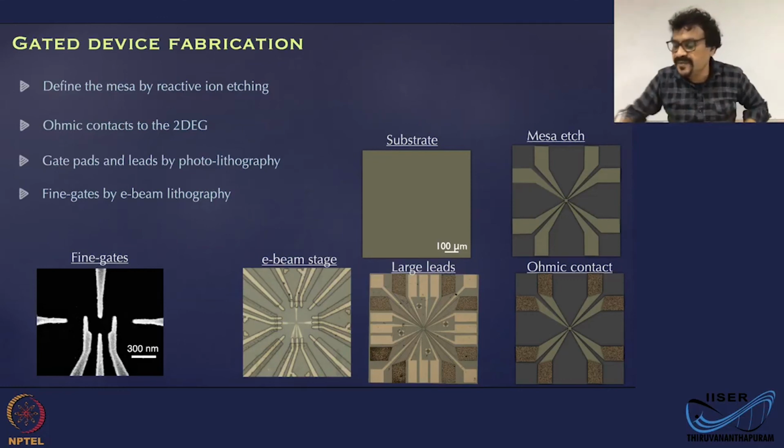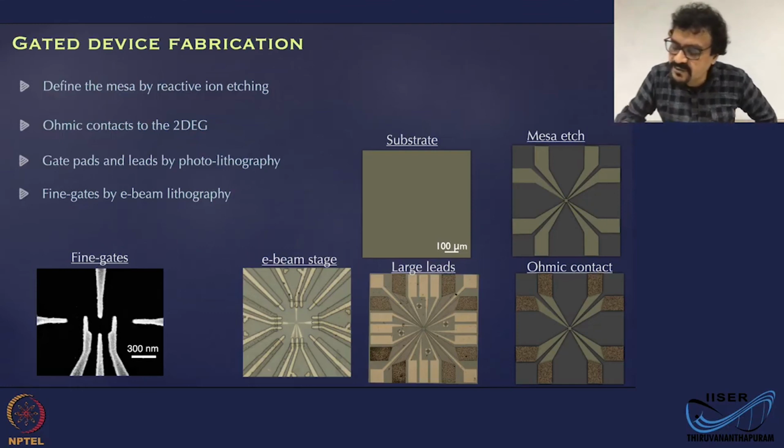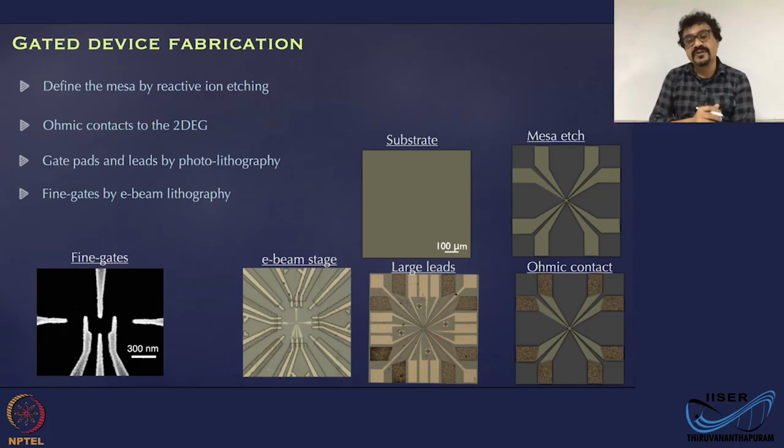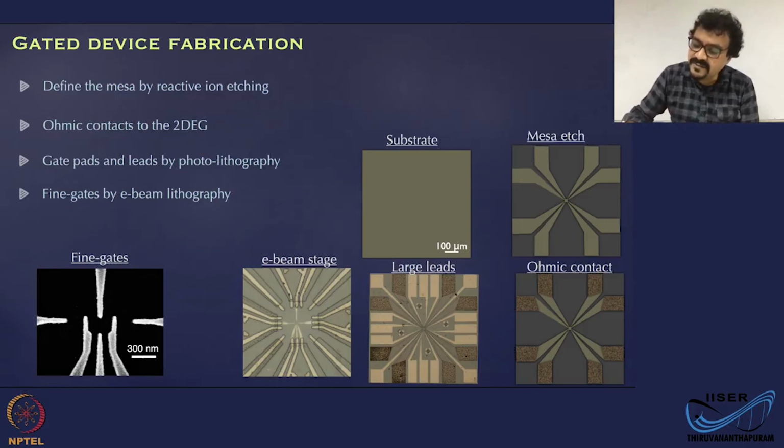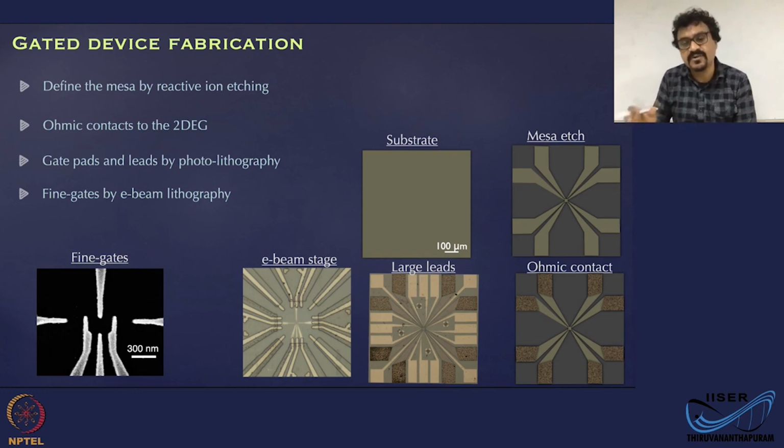in the middle. Then the next step would be to define the larger gate structures, which are defined by photolithography. Okay. And again, these features are pretty large, a few micrometers being the smallest feature here. These are done by photolithography.